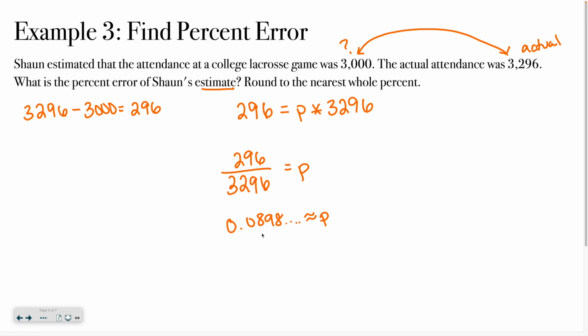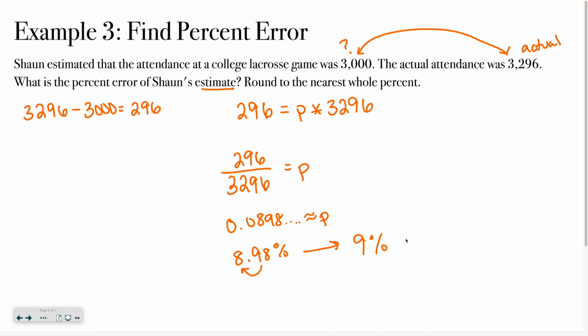And if I were to round to the nearest whole percent, I would have, let's see, 8.98%. The nearest whole percent would mean I have to get rid of the decimal, so this 9 would bump this whole number 8 up to a 9 as our answer.